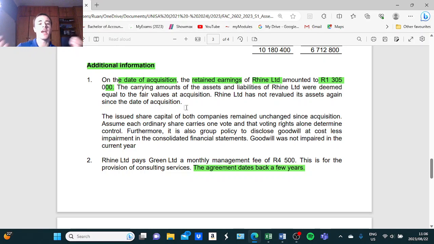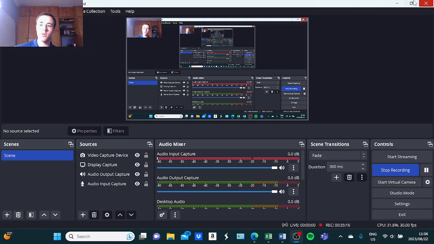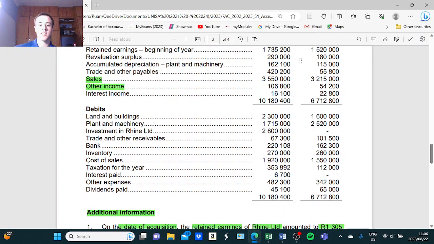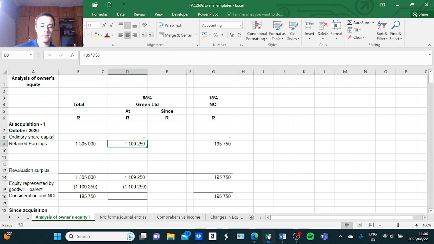There has not been a change in the RVS balance since the date of acquisition. So in other words, the conclusion that we can make here is that the balance of revaluation surplus for the subsidiary at acquisition was 180,000, based on the information provided in additional information point 1.